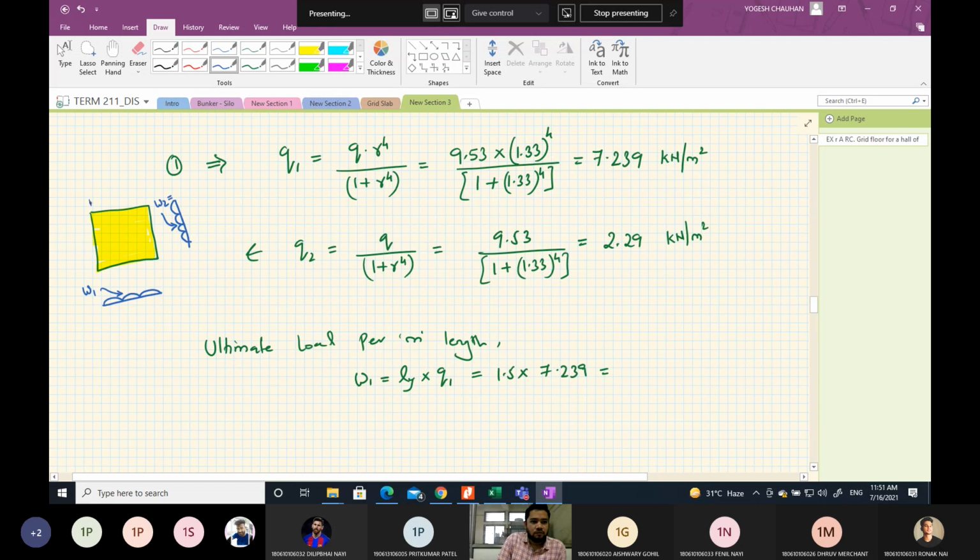If this is Lx and this is Ly, then W1 will be equal to Q1 into Ly, and W2 will be Q2 times Lx.